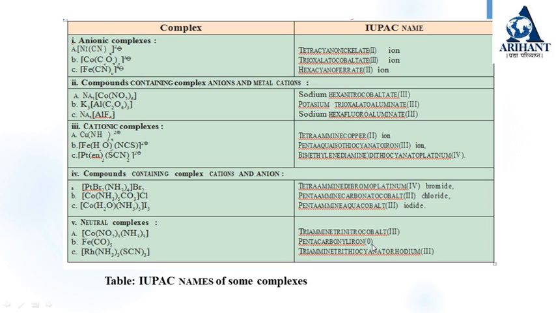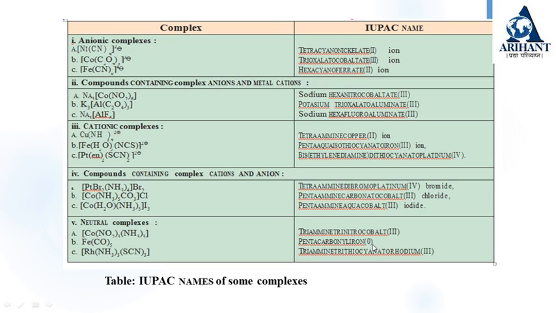So we will write tetra, cyano, nickelate, and Roman 2. So tetra indicates there are 4 cyano ligands. Then metal is nickel, so nickelate, and it has a minus 2 charge. So we have written in bracket 2 in Roman.